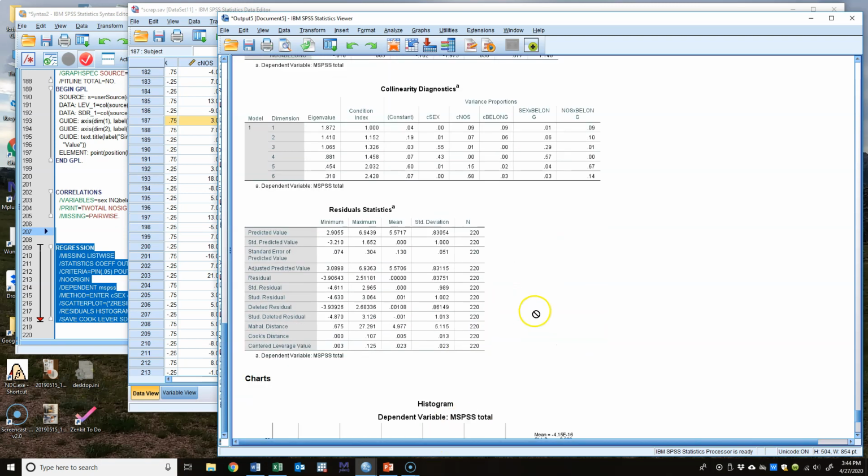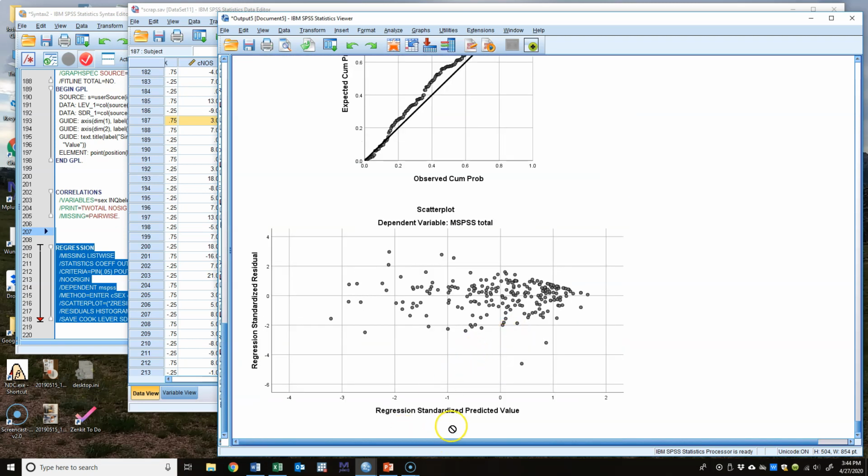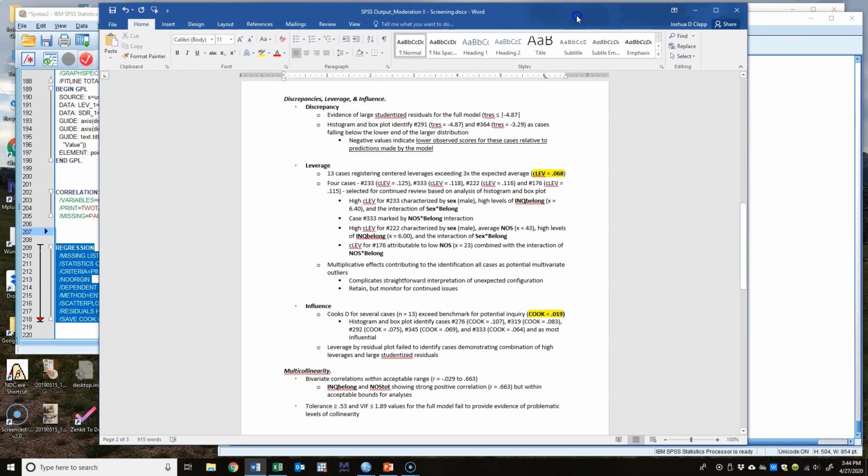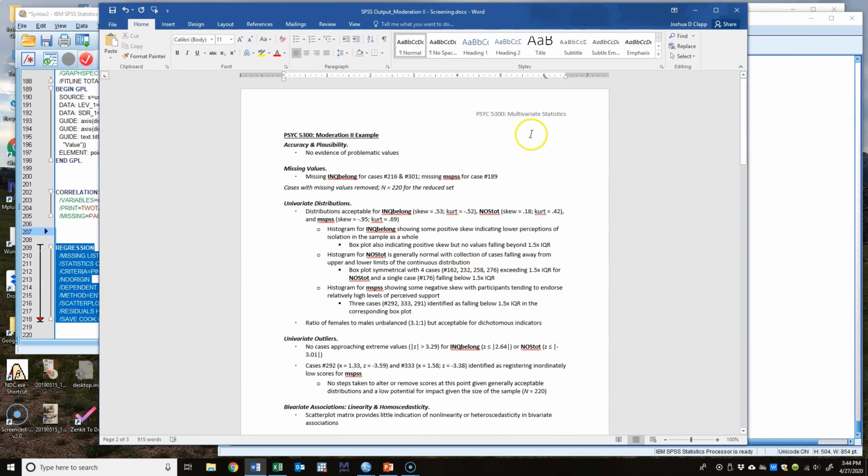Okay, so that works us through our screening for our multiplicative model or our moderation model. What we could do in terms of a write-up, and I'll make sure that you all have this, again, working through our standard structure: accuracy, plausibility, things are looking fine there. Missing values for INQ belongingness on cases 216 and 301.